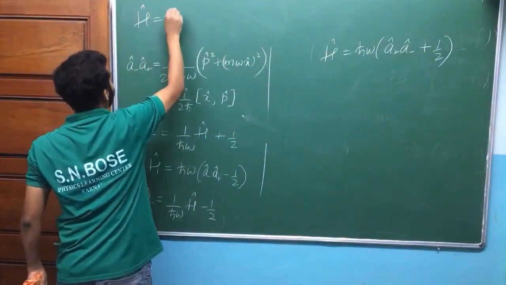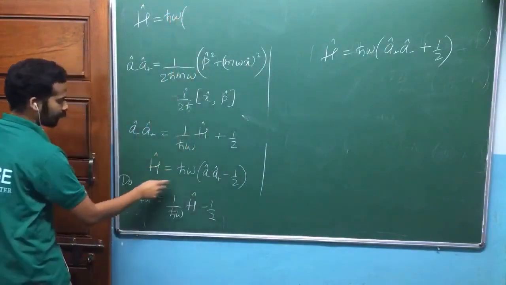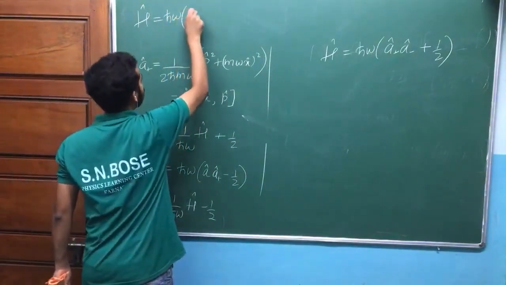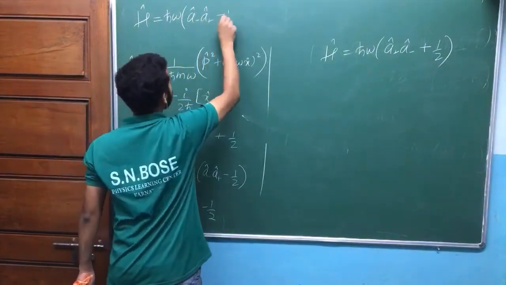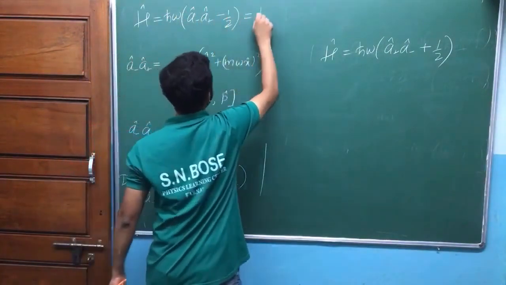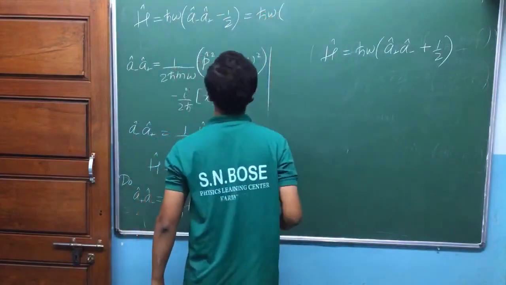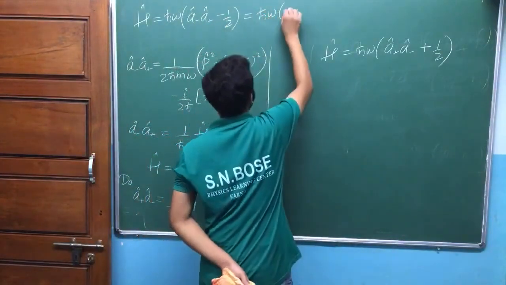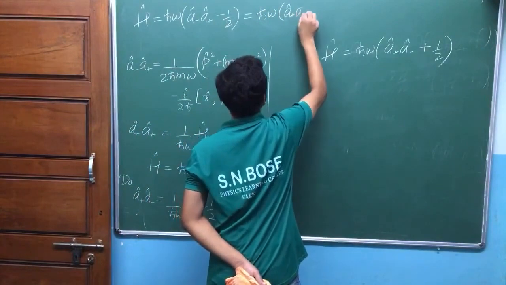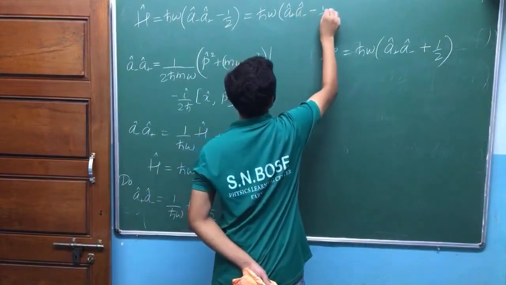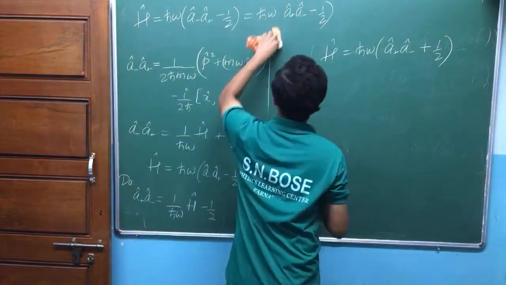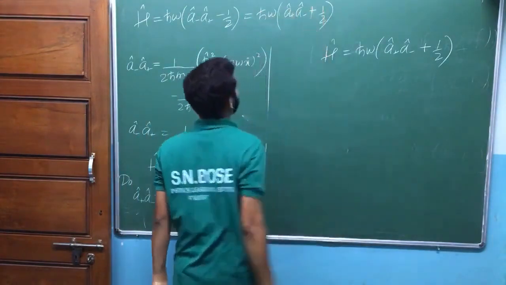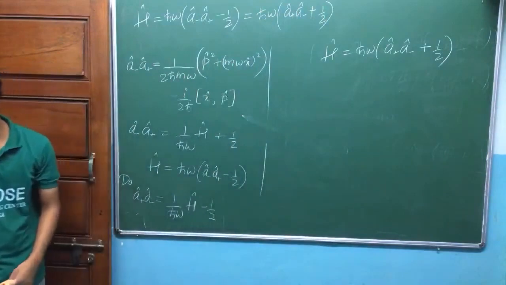One is h bar omega into a minus cap, a plus cap minus half. Another way is h bar omega into a plus cap, a minus cap plus half. There are two ways of writing the same operator.